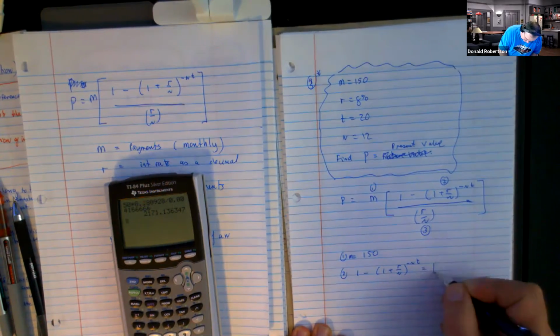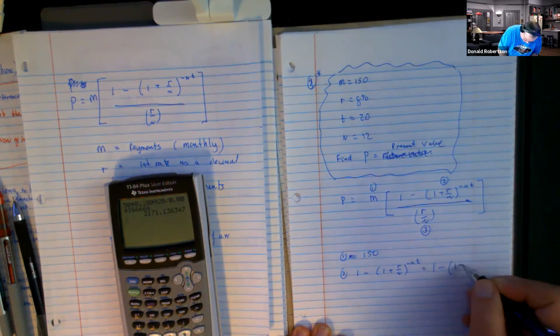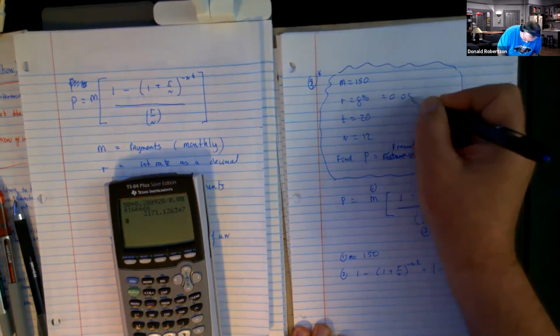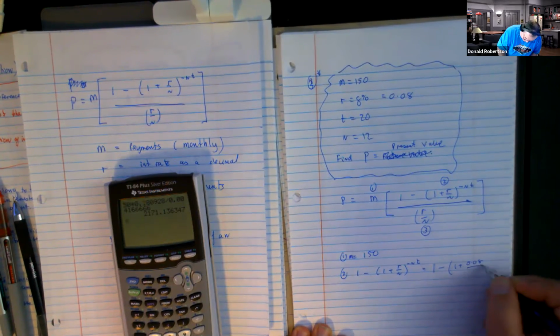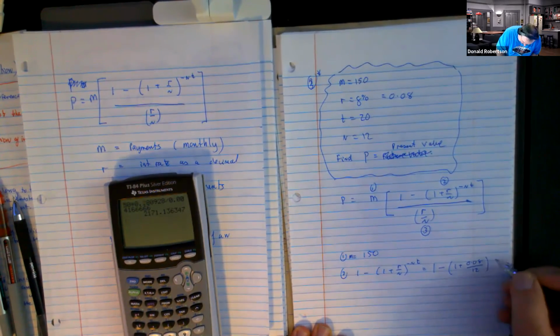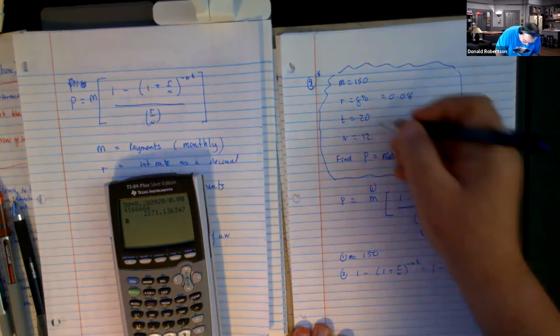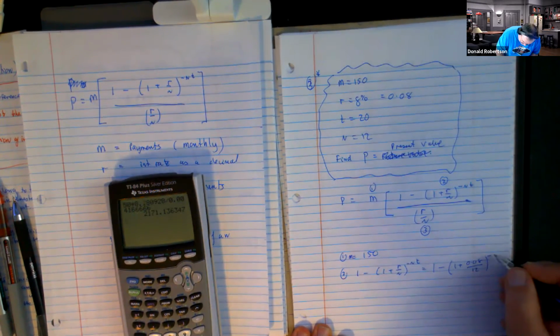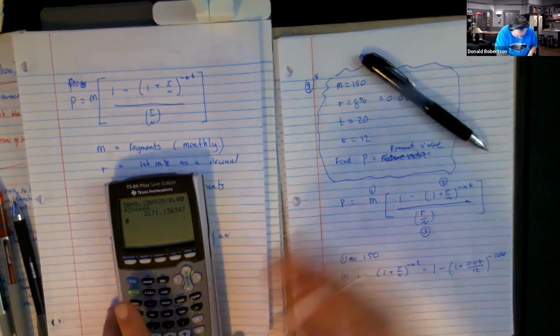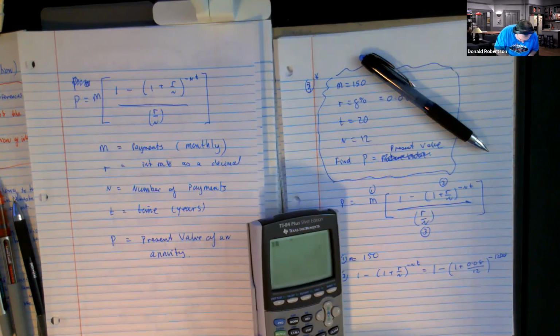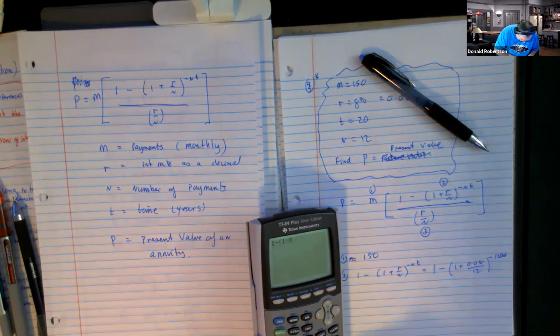So that's going to be 1. Take away 1 plus interest rate as a decimal divided by 12. Negative, what's that going to be? Negative 20 times 12. Okay, negative 12 times 20. Right, let's see what that guy looks like. 1, subtract a bracket, 1 plus 0.